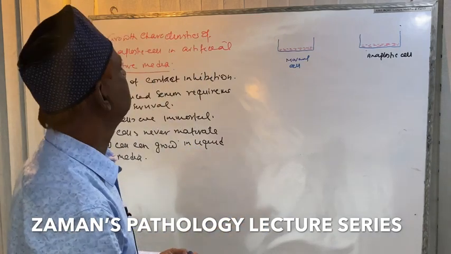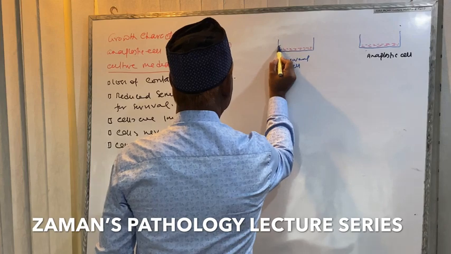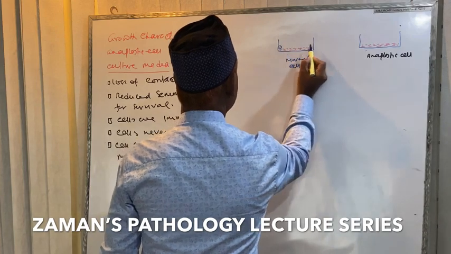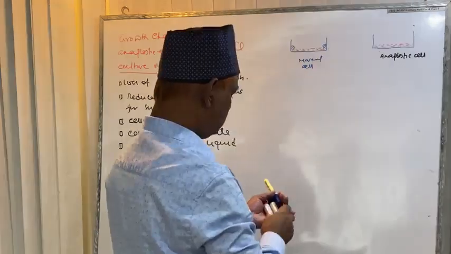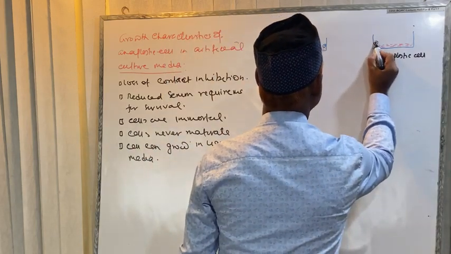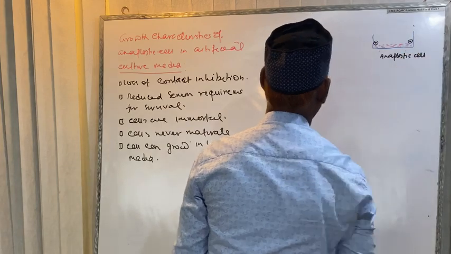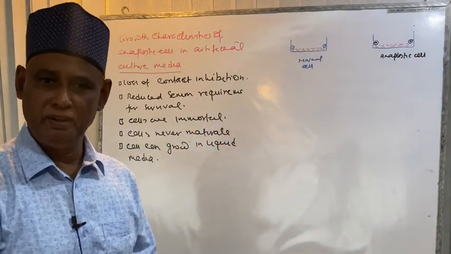If you allow normal cells here to grow, and if you allow anaplastic cells here to grow, what will happen?